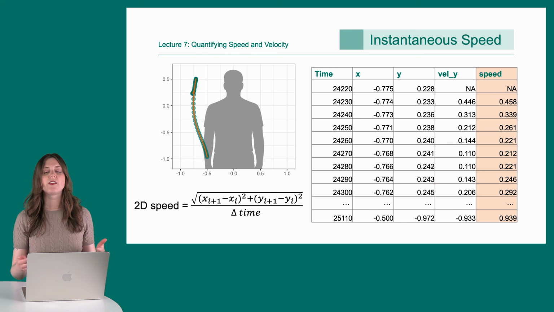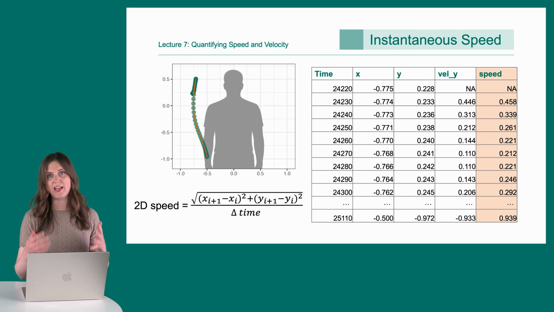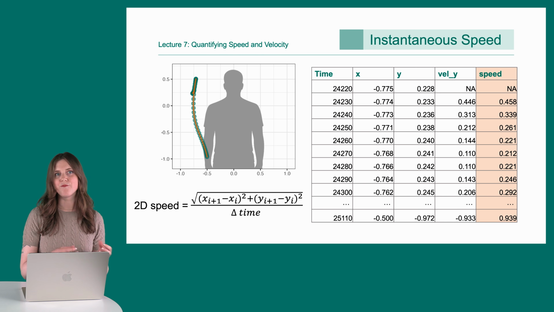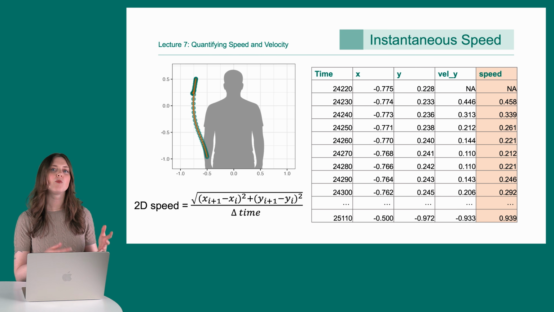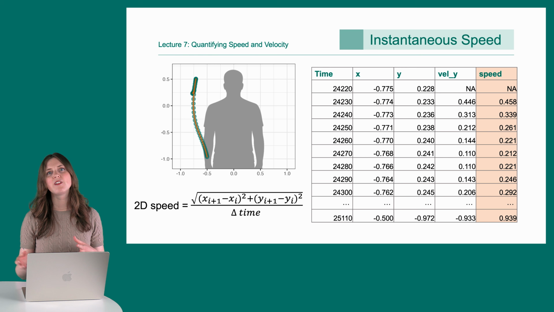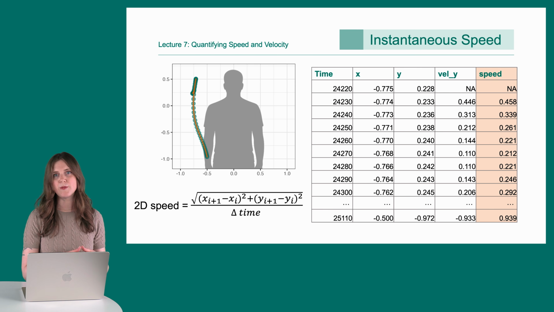We can also calculate the 2D speed at each time point, considering both change in x and y. In this case, the numerator of the formula is a Euclidean distance between the 2 points, and the denominator is still change in time, so 0.01 seconds. Because the movement for this stroke is mostly on the vertical axis, there's not a huge difference in the values between vertical velocity and 2D speed.